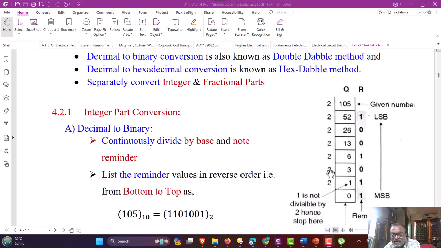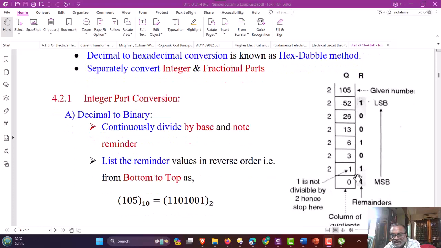Then 6 is divided by 2 again. Quotient is 3, remainder is 0. 3 is divided by 2. Quotient is 1, remainder is 1. Again 1 is divided by 2. The quotient is 0 and remainder is 1. After this, when the quotient reaches 0, we stop the division.